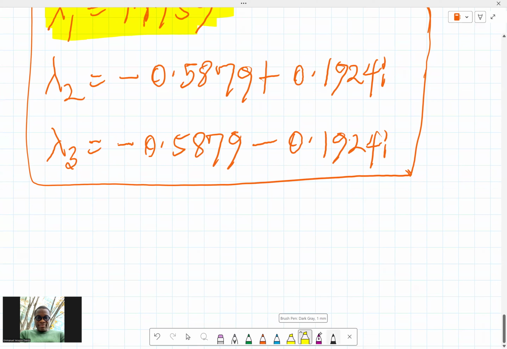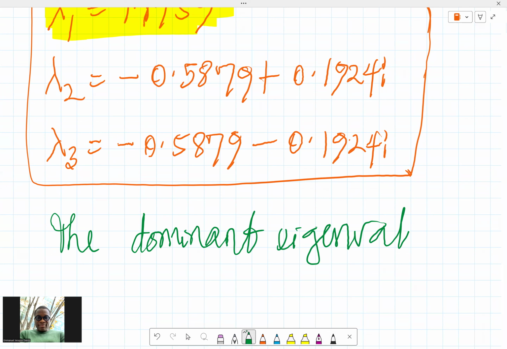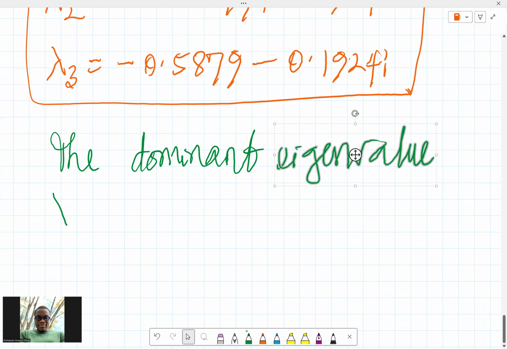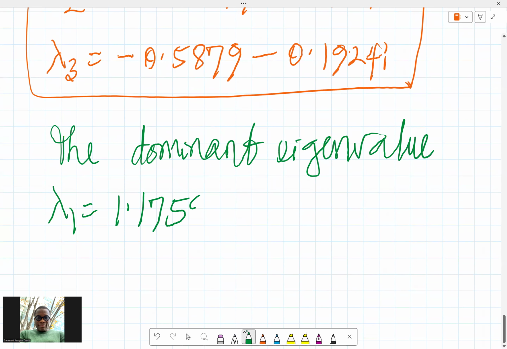What that simply means is that the dominant eigenvalue, which is lambda 1, which is equal to 1.1759, represents this.